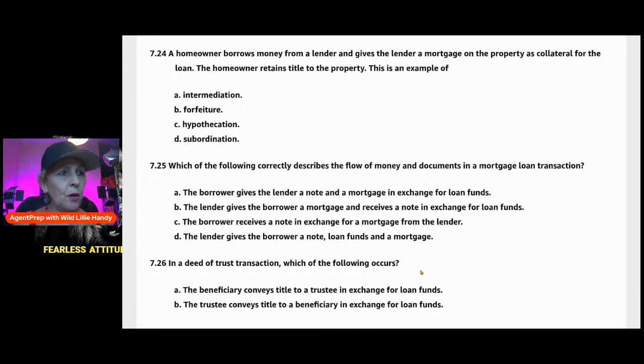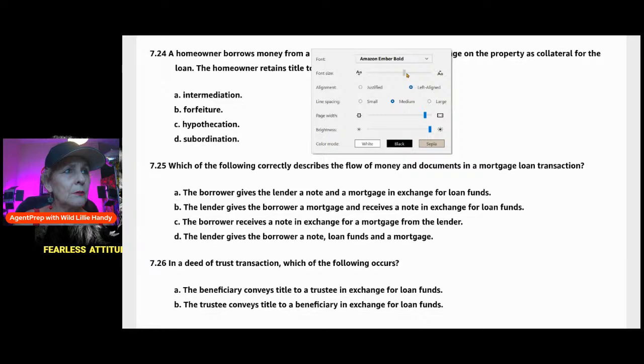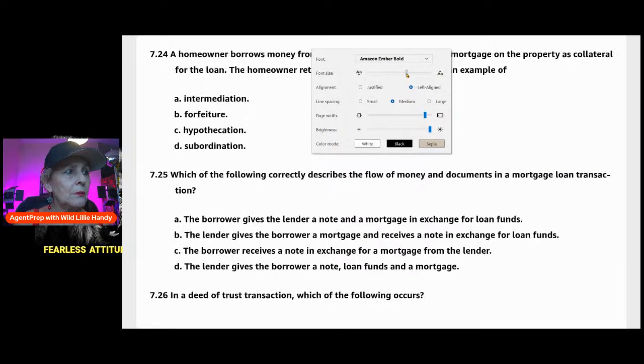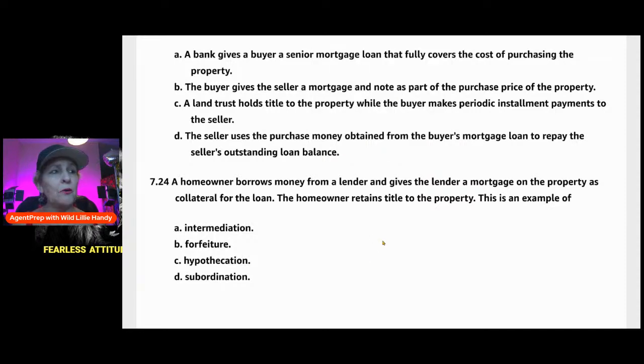Number 24. A homeowner borrows money from a lender and gives the lender a mortgage on the property as collateral for the loan. The homeowner retains title to the property.